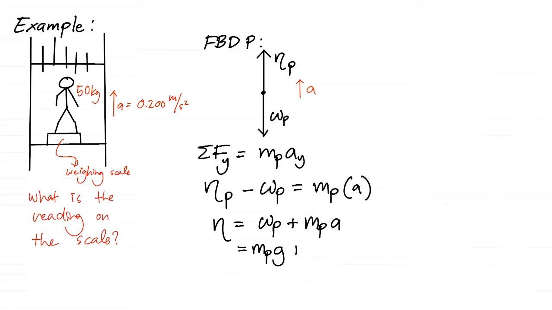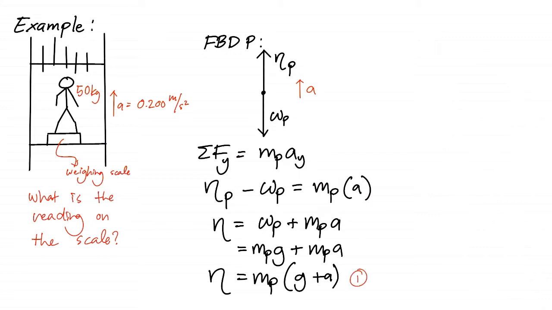So yan yung weight niya, plus the rest of the equation here. Now since meron tayong mass of the person for both terms, we can factor that out. So we have the normal force, mP times g plus a. Okay? So this will be useful later, so we'll call this equation number 1.